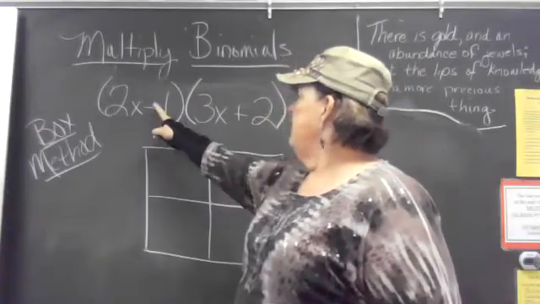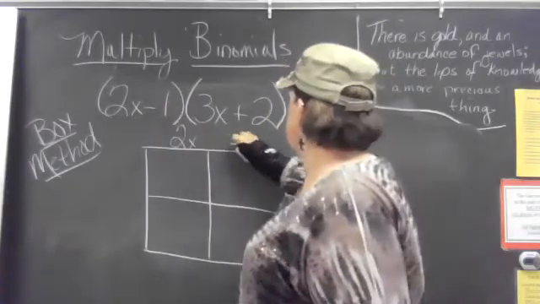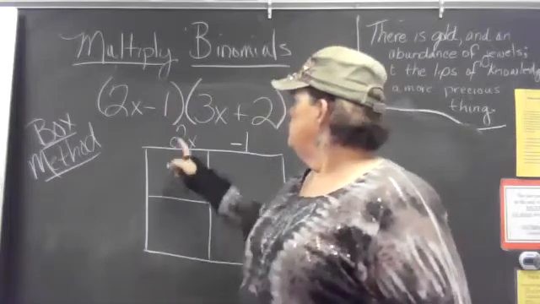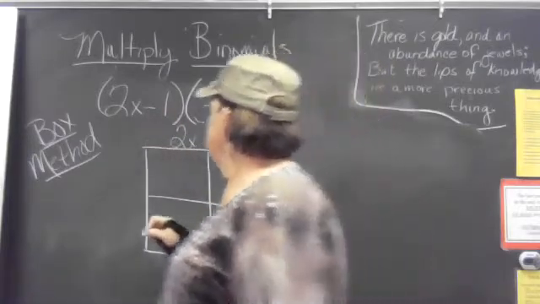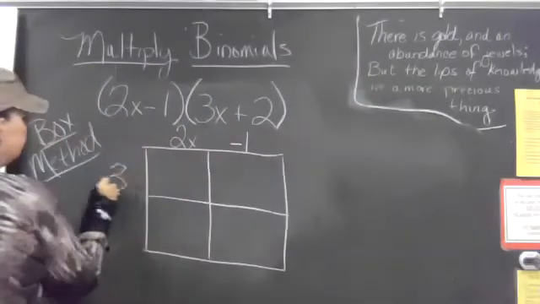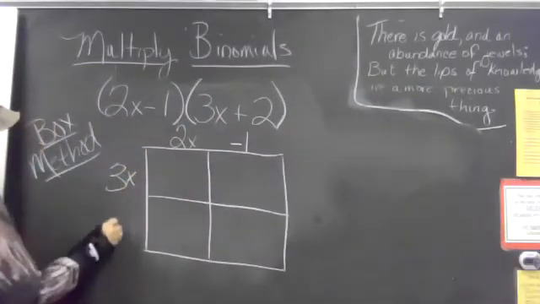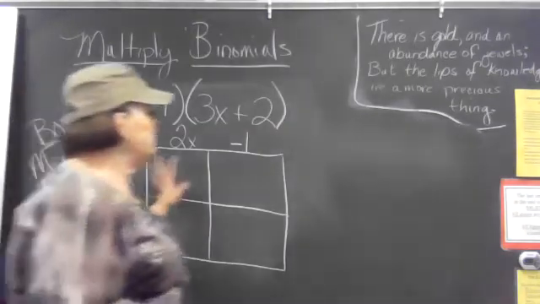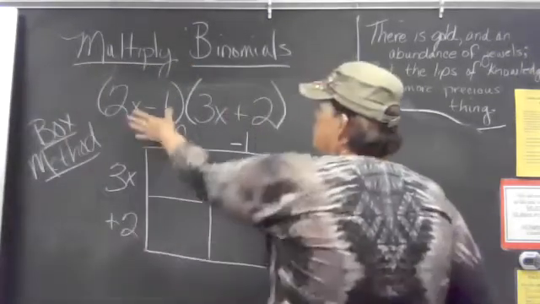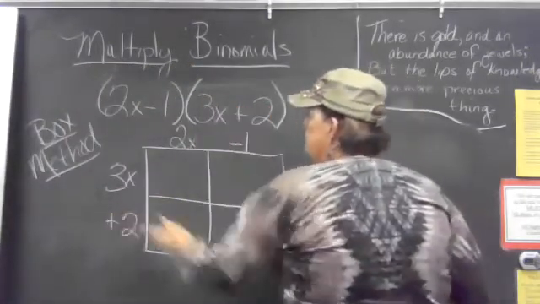And I want the sign with this number. So this is going to be a -1 here. 2x minus 1. So I'm going to put the other one down to the side, which will be a 3x, and let's put the sign here. There we go. This is how you set up the box method. We have both binomials here.